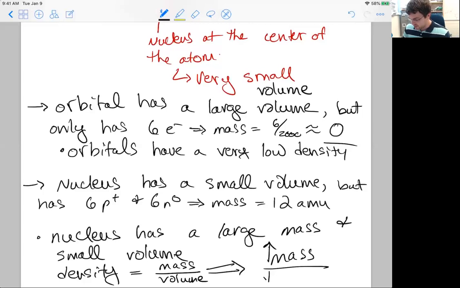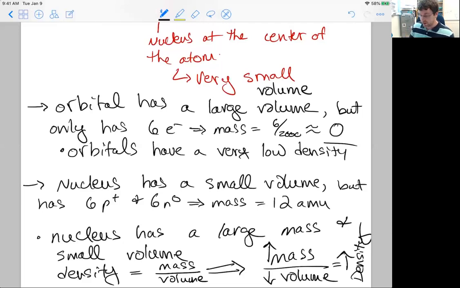If our mass goes really high and our volume gets really low, anytime you make the numerator big and the denominator small, the output is big. And this is density. Sorry, I ran out of space. So the density is going to skyrocket and get huge because the volume is decreasing, the mass is increasing. We have a really dense nucleus at the center of a really low density orbital system.